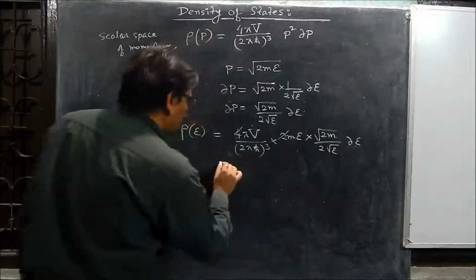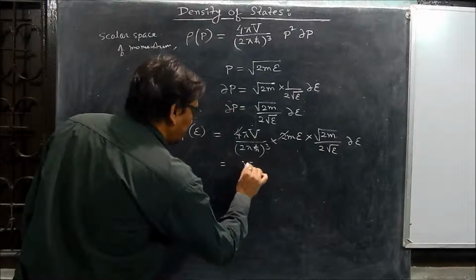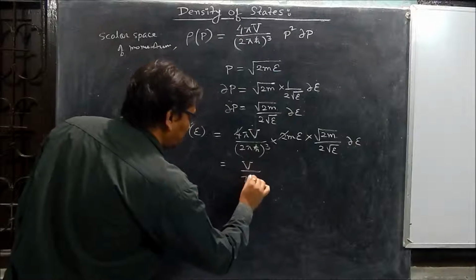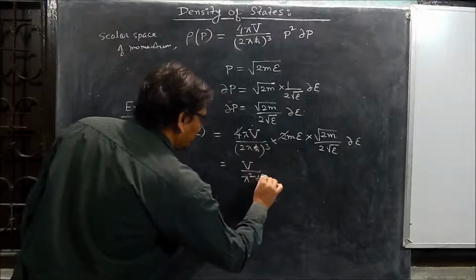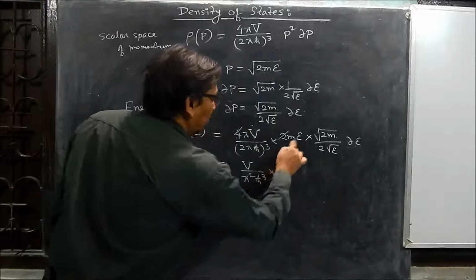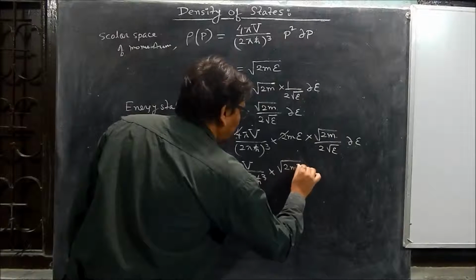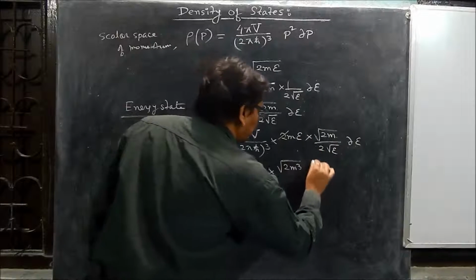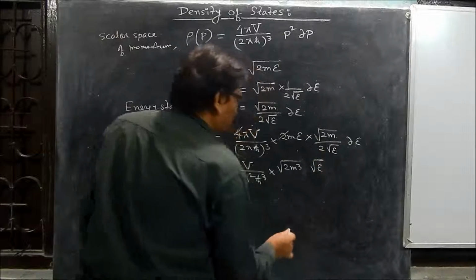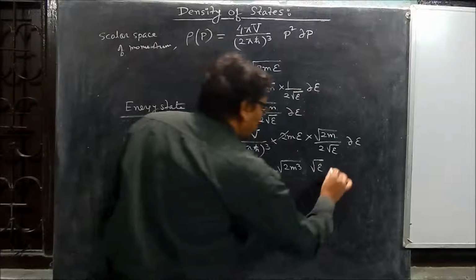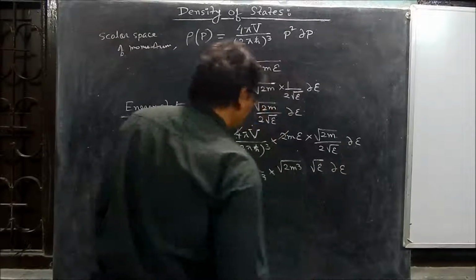Here 1, 2 is there, and this is m, this is m. So this can be written as v by pi square h bar cube into 2m into m. If we take this m inside, then it will be 2m cube and root epsilon, so this will be root epsilon by 2. So into d epsilon.